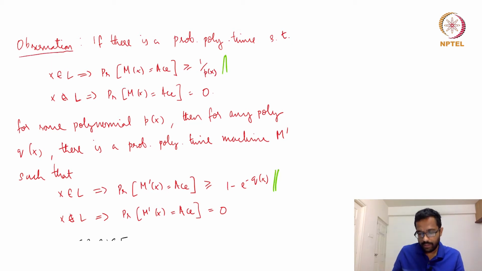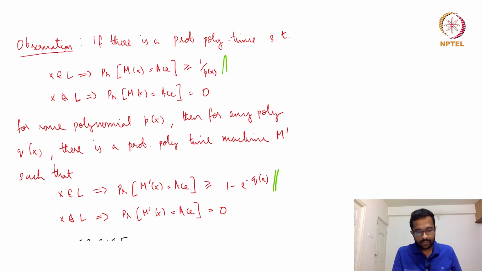By repeating, you could get 1 minus e to the power minus q(x), where q is any polynomial. There is nothing much to think about, it's rather working out. It's exactly what I described. When you repeat it, which answer do you say? When one is a yes and one is a no, which answer do you say? This is one part that you have to think about. And then what is the probability of error?